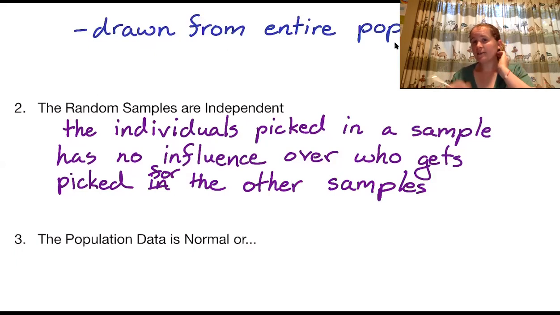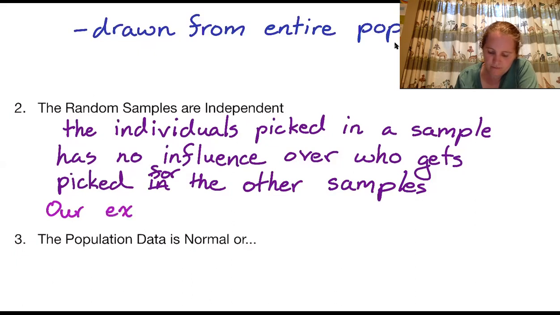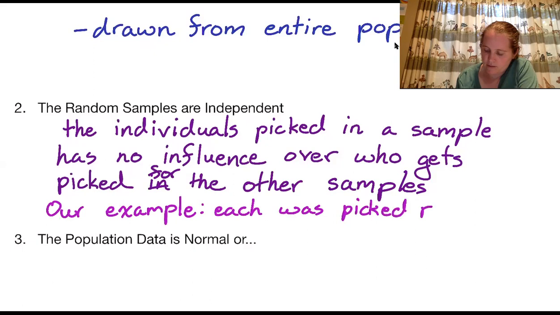In our example, there were just 3 separate random samples, so they're independent. They're just completely random, right? Each was picked randomly and separately.